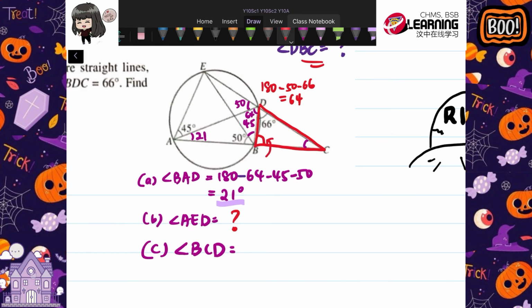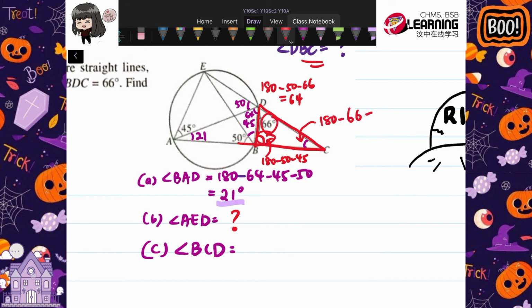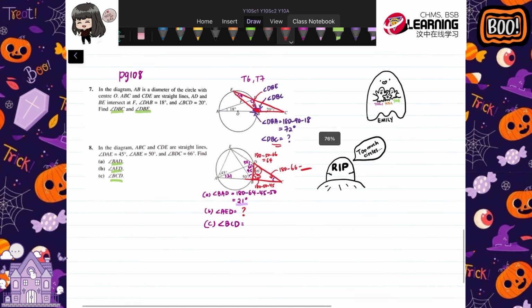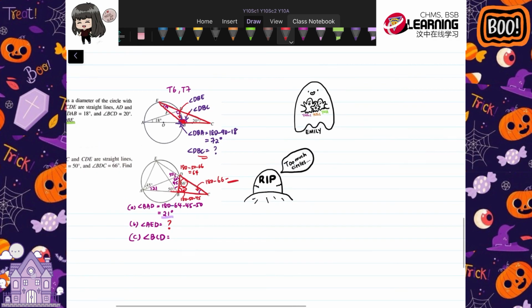This angle will be 180, this is a straight line, 180 minus 50 minus 45. And then to find this angle, 180 minus this 66 minus the angle that you found just now. That is for angle BCD. I hope you can do it on your own. I gave you a lot of hints already.